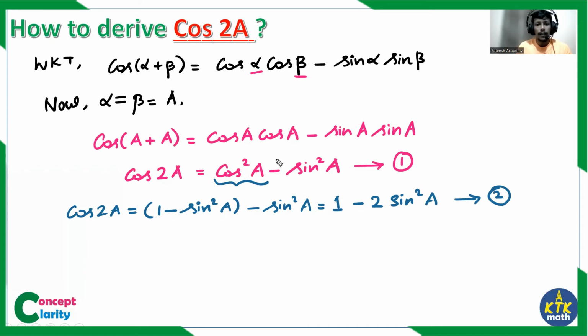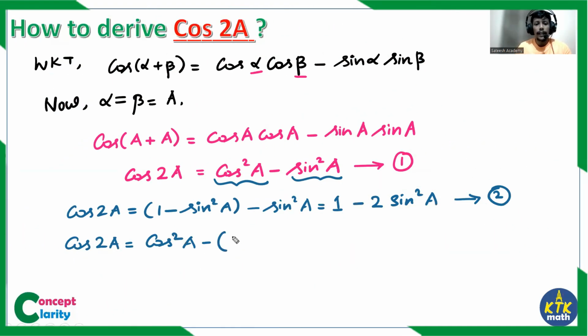Now you can see in this equation 1, cos square A I have written in terms of 1 minus sin square A. In a similar way, I can write the second term sin square A as 1 minus cos square A, right? So I am going to do that as well. So cos 2A equal to first cos square A, you can keep it as it is.